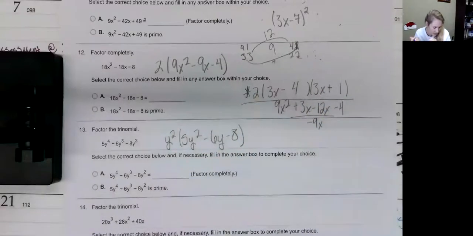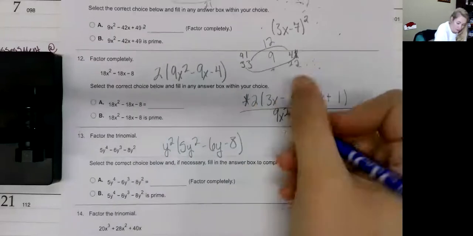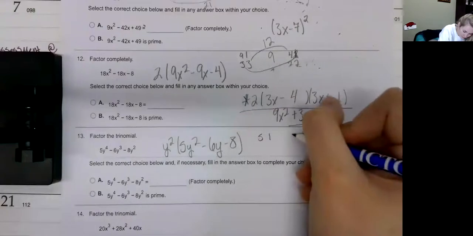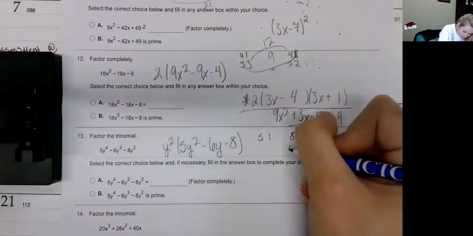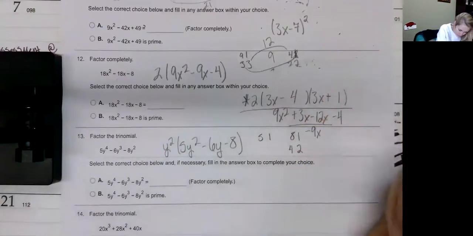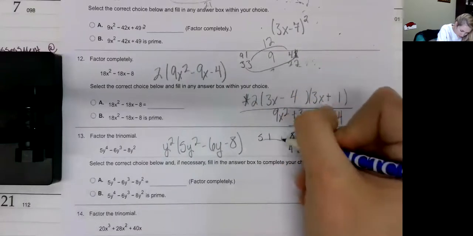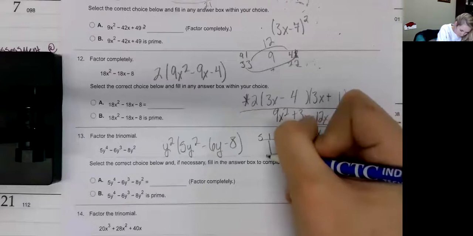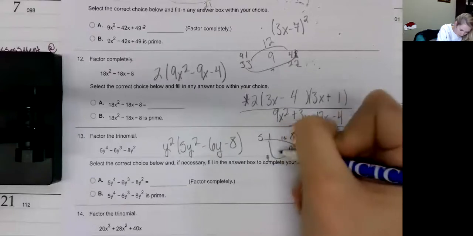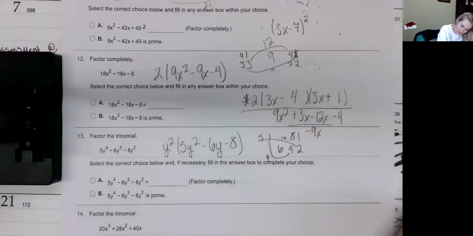And now I need factors of 5 and 8 that subtract to get 6. If there is such a thing. So we have 5 and 1, 8 and 1, and 4 and 2. 5 times 2 is 10. 1 times 4 is 4. 10 subtract 4 is 6.